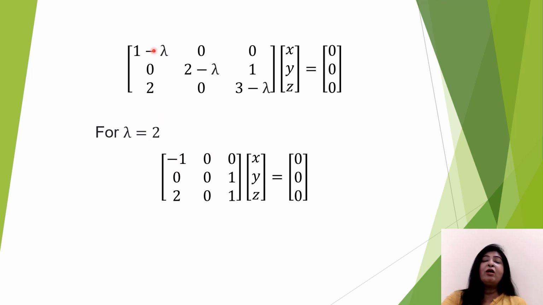Just put the value of lambda is equal to 2 over here and solve it out. So you will get this matrix. Now solving this matrix, what you will get: minus x plus 0 y plus 0 z, and next equation is 0 x plus 0 y plus 1 z is equal to 0. Then 2x plus 0 y plus 1 z is equal to 0.